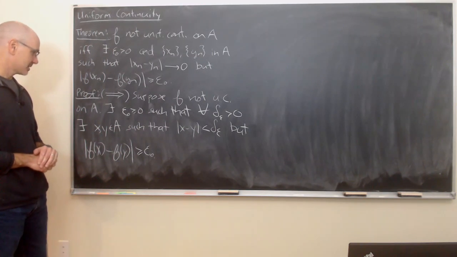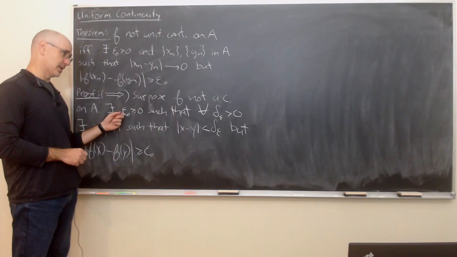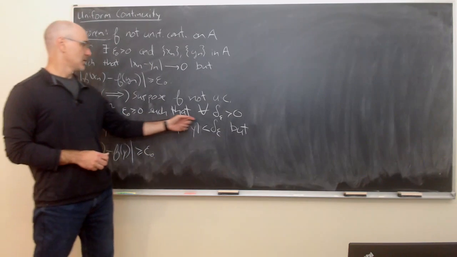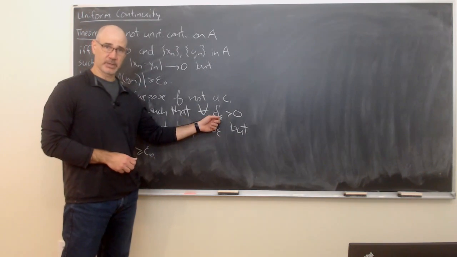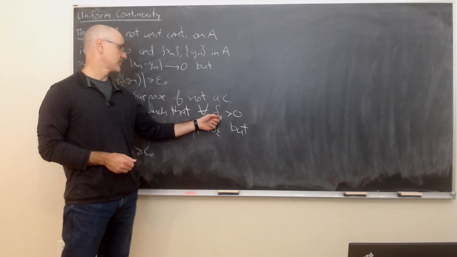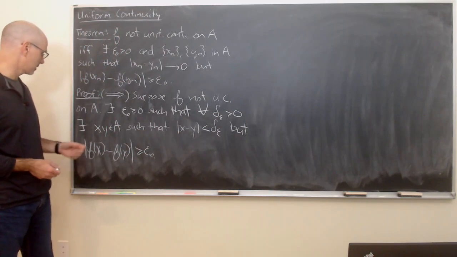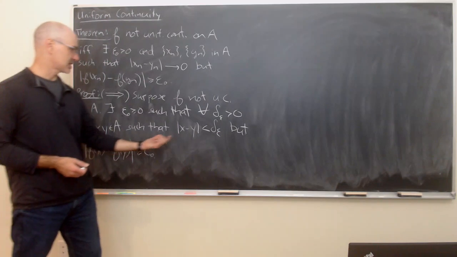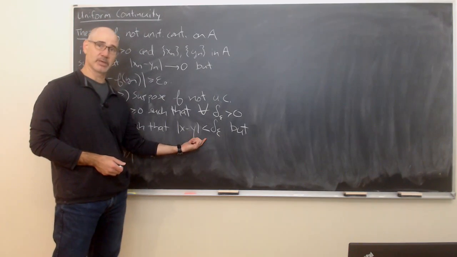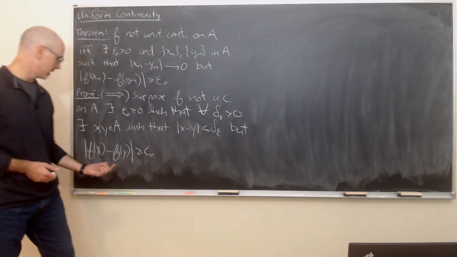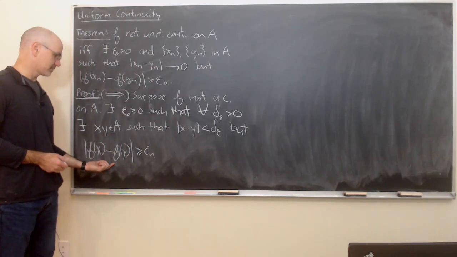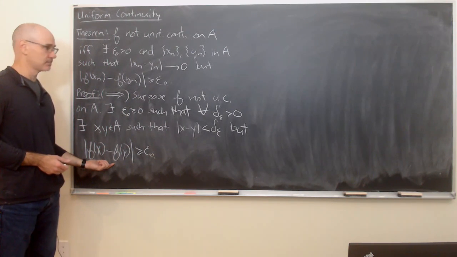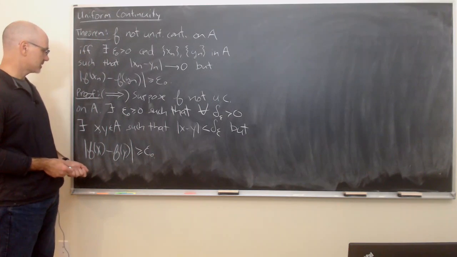To say that isn't the case means there must be some epsilon for which, no matter what delta we pick, so there doesn't exist a delta, for every delta we pick we can find x and y in A that satisfy the closeness requirement, but don't satisfy |f(x) - f(y)| less than epsilon. That takes some thought to get used to.